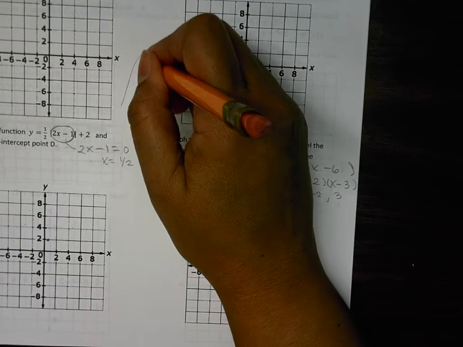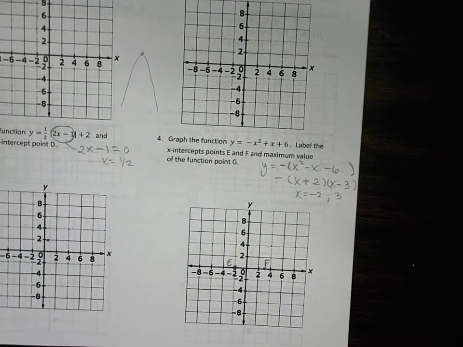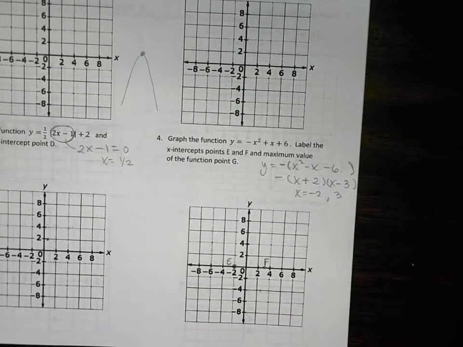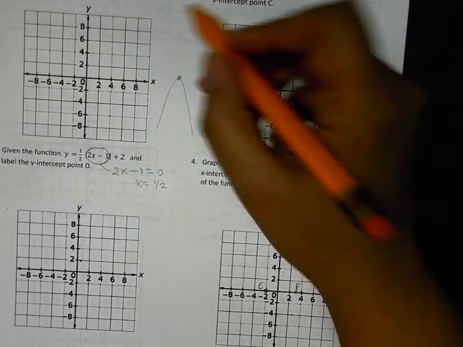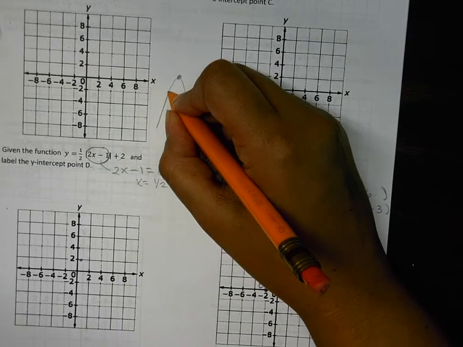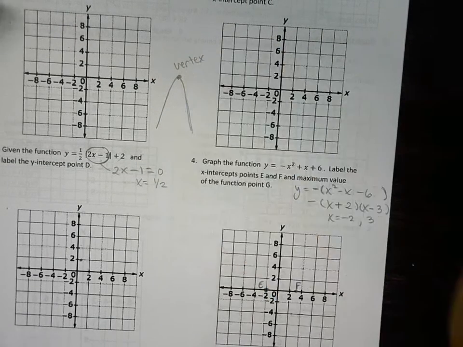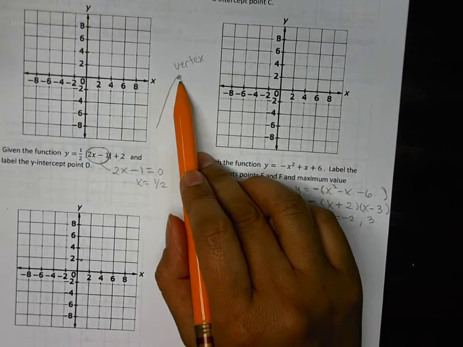What's another word for it? The maximum value is the y value of your what? It has a special name on our parabola. Starts with a V. Vertex. The maximum is equivalent to the vertex.